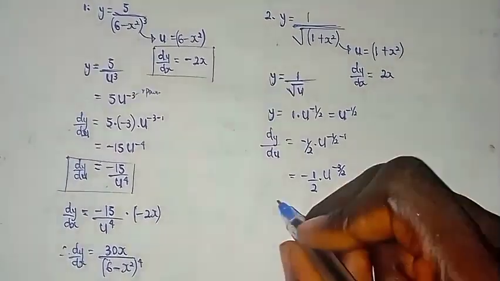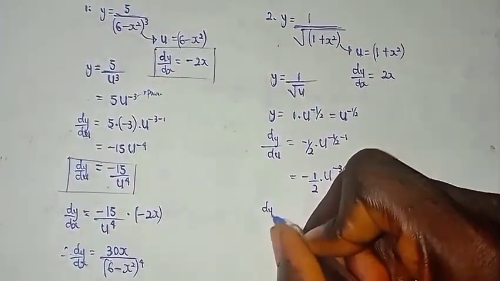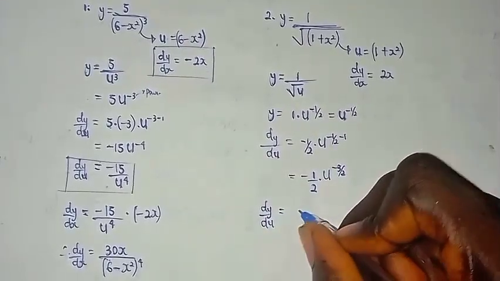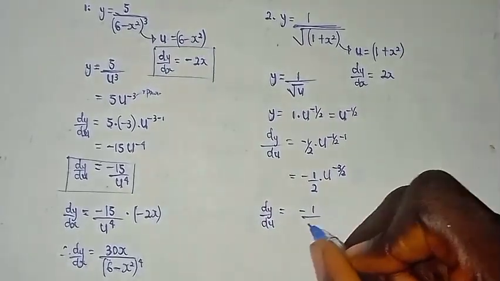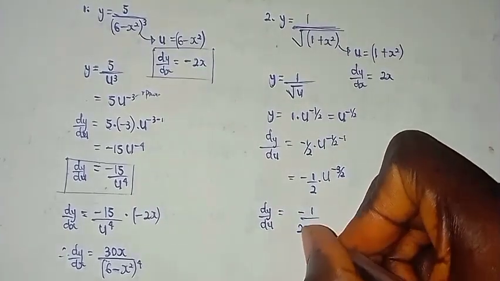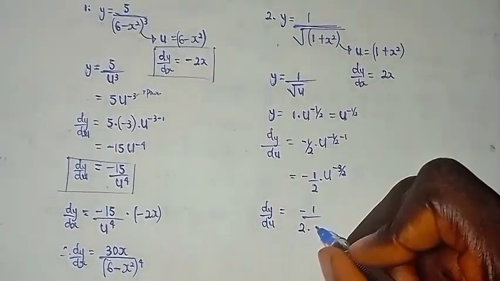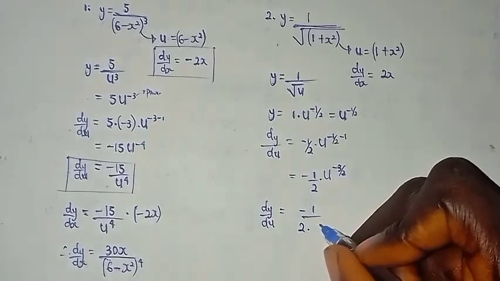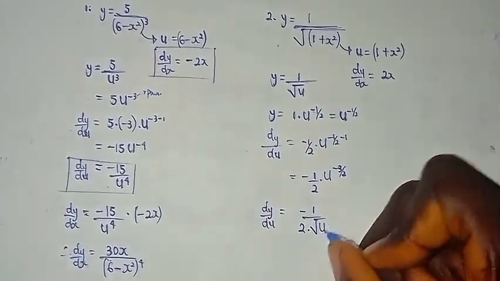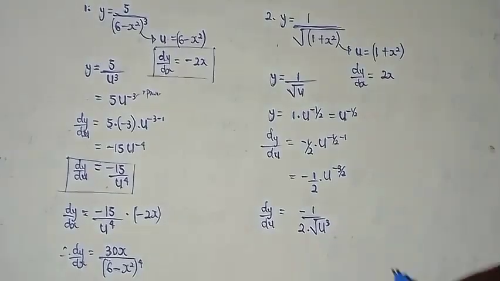So our dy over du becomes minus 1 over 2 multiplied by, from the laws of indices, remember, square root u to the power 3.